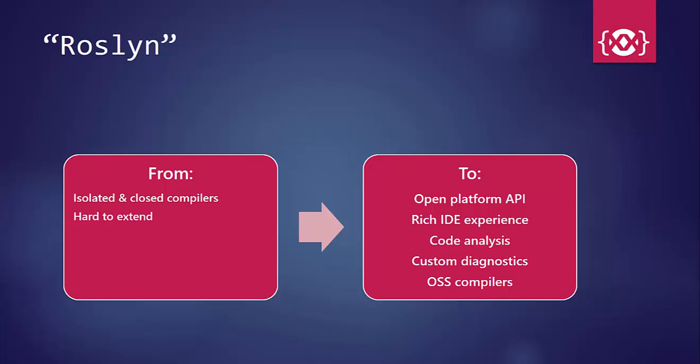Microsoft invested very much in creating a newer, modern platform for compilation, which transitions it from the old compiler models where compilers were isolated and closed and very hard to extend, to a more open platform with rich extendable APIs that will allow developers to create awesome diagnostic tools like code analysis and code fix providers, as well as custom diagnostics in the code.